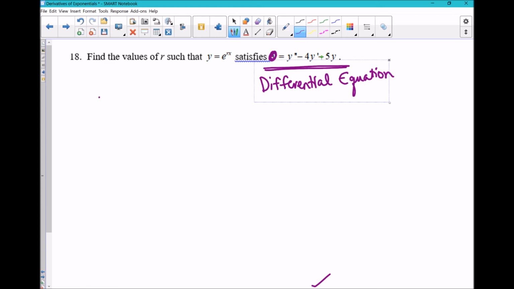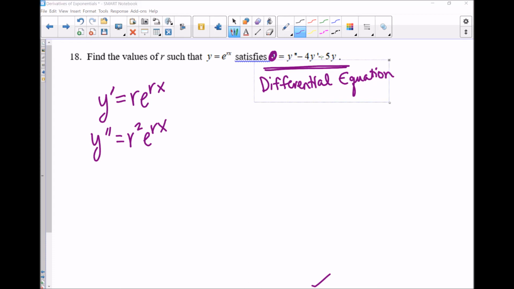So let's go ahead and find y prime. Using the chain rule, this would be r e to the rx. The second derivative: r is just a constant, so if I multiply by another r, it would be r squared e to the rx. And y is, of course, just y equals e to the rx.